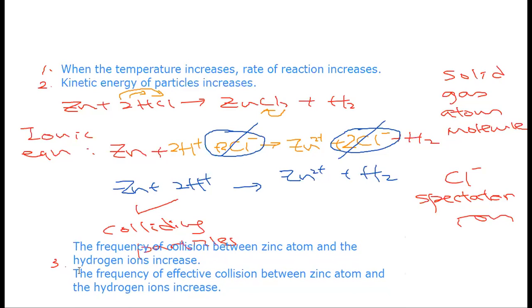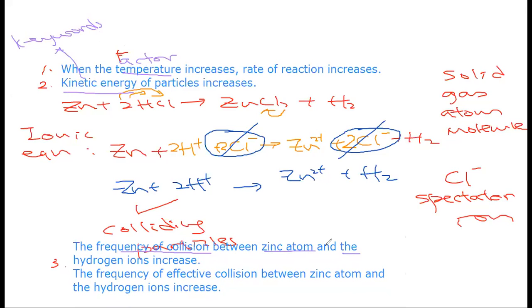I repeat, first of all, I'm using the purple, we are writing about the factor, the temperature. Then we talk about the keywords, the kinetic energy. Then we talk about the frequency of collision.